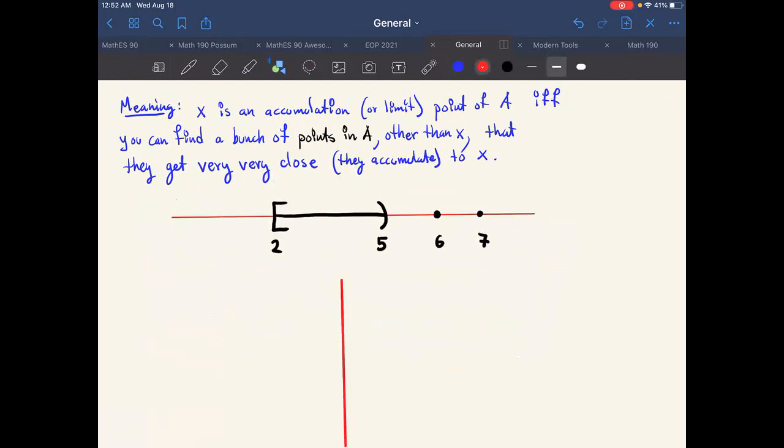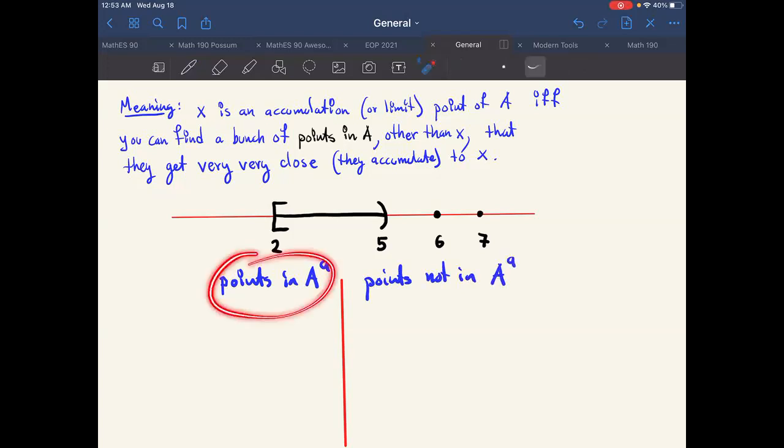Let's look at points in A that are accumulation points and points not in A. In other words, these are points of accumulation and points that are not of accumulation, right? So let's take a look.